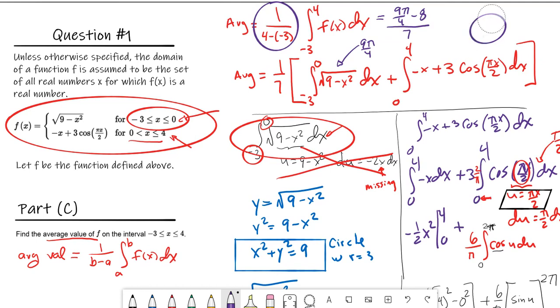And I believe the answer key wrote this as 1/7 times 9 pi over 4 minus 8. So they just factored out the 1/7. So you can leave your answer like that. When I worked it out, I got a common denominator and I wrote it as 9 pi minus 32 over 28. Both are correct, but this is what the answer key looks like here. All right, I hope that helps.